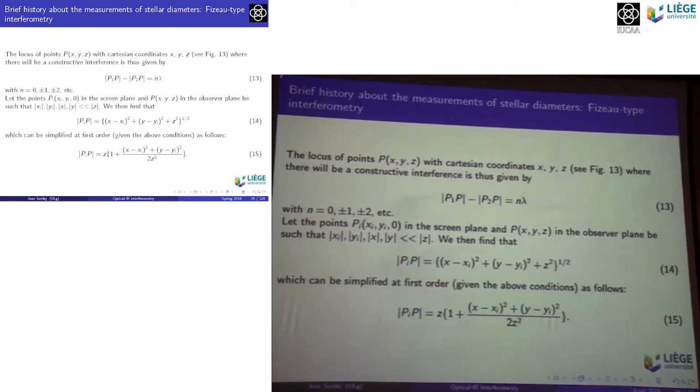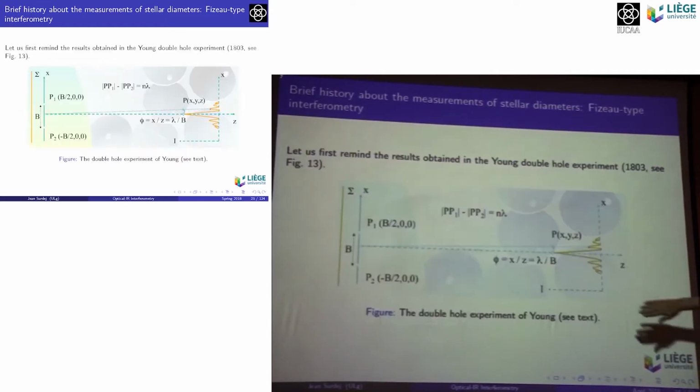What I represented in this plane is true for all the planes perpendicular to the y direction. So what I should see in this screen are just interference fringes, exactly, because it's true for any value of y.